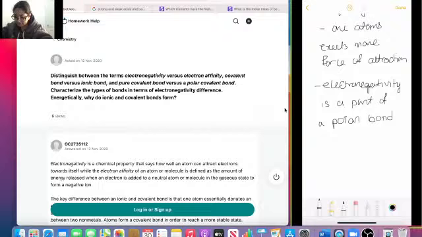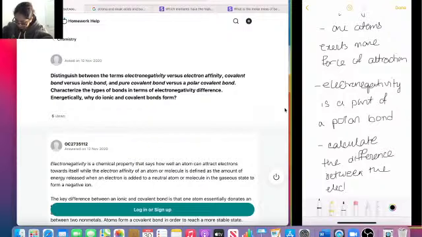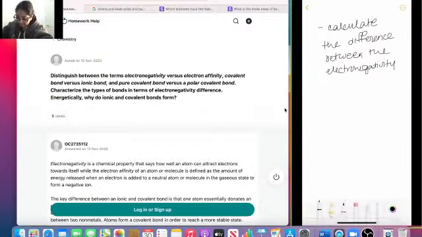And you distinguish a polar bond by calculating the difference between the electronegativity of both the atoms.